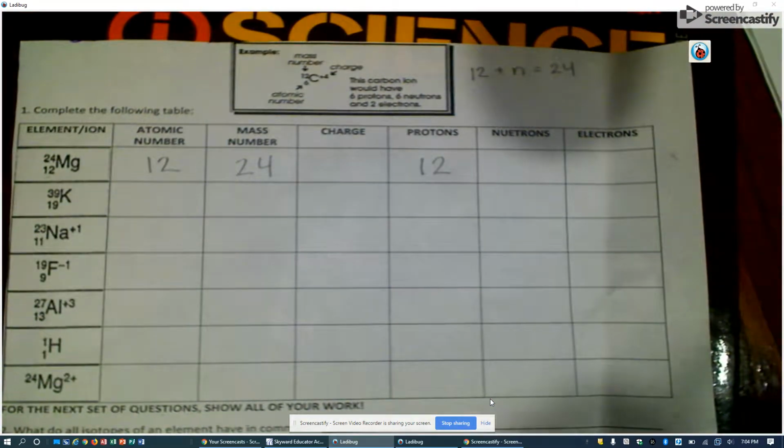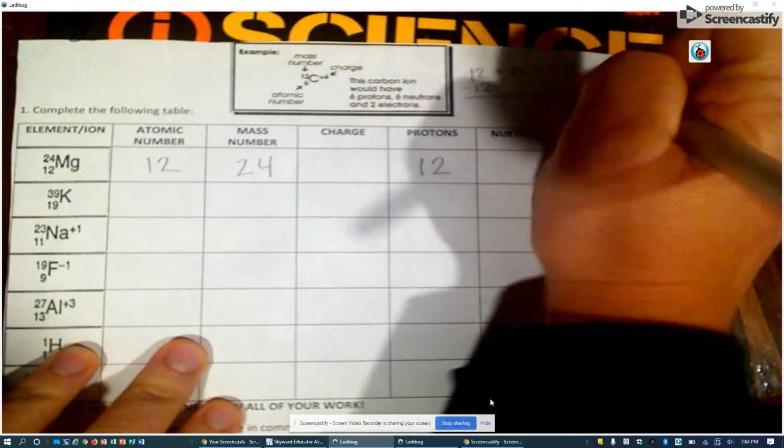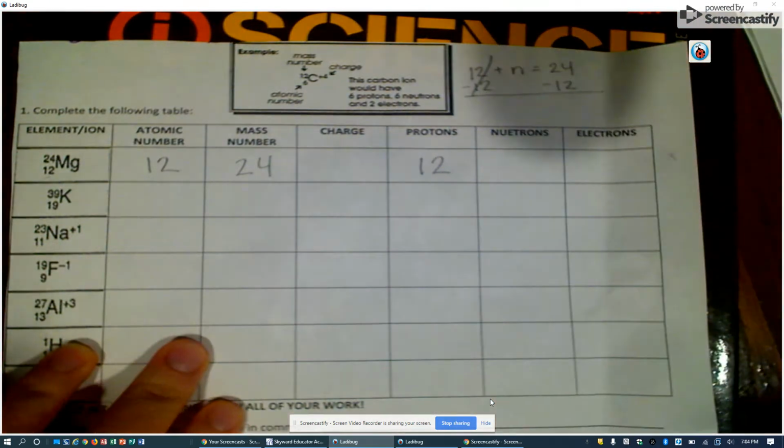In order to solve, we would take 12 from 24, because we want to get the n all by itself. So I would take minus 12 on this side, minus 12 on this side. We have now n by itself, and that cancels out there. And so we would also get 12. So the number of neutrons is 12.